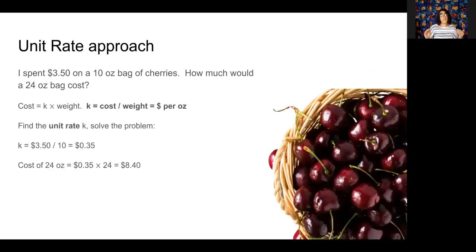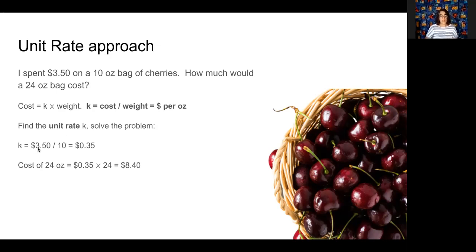Okay, there are two different approaches you could take to answering this. One is the unit rate approach. Figure out what the constant of proportionality is. What is the cost per ounce of my cherry? And just saying that tells me the equation. I want the cost divided by the weight, the number of ounces.